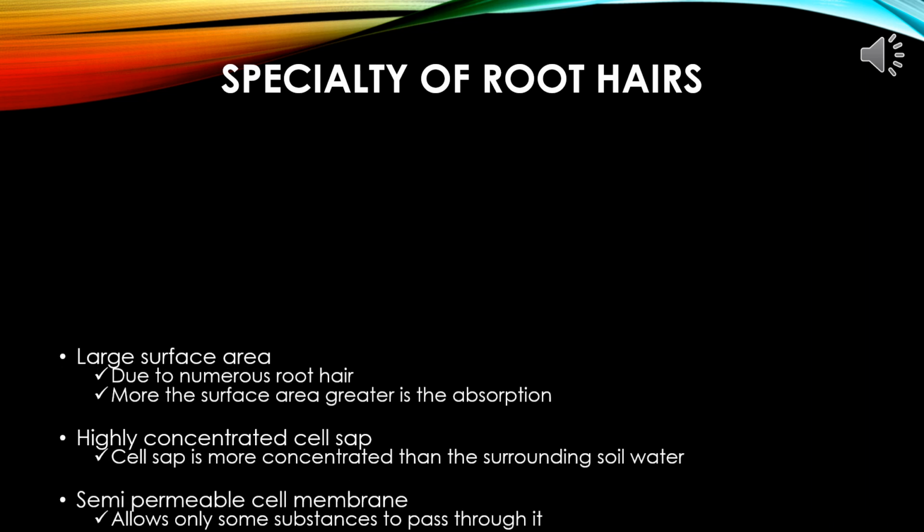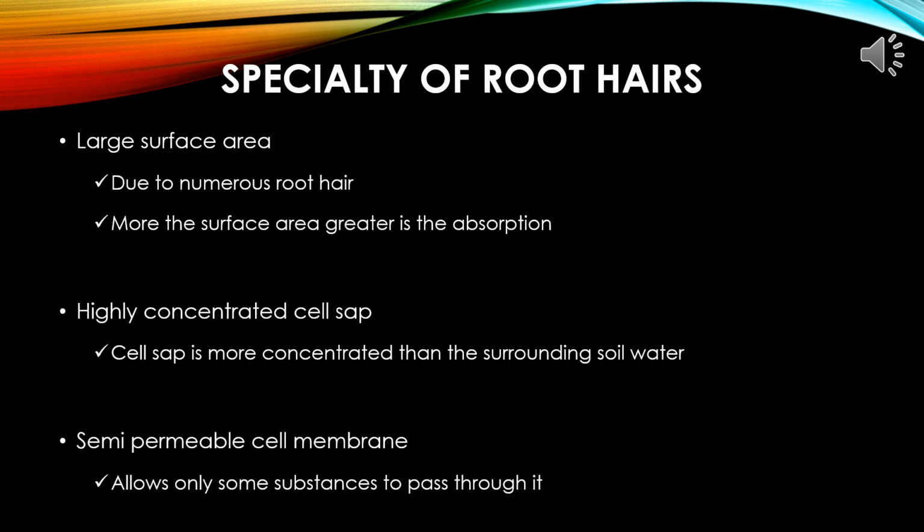How do these root hairs absorb water from the soil? They have some special features. These special features help the root hairs to absorb water from the soil. These special features are: the root hairs have large surface area. What do you mean by that?